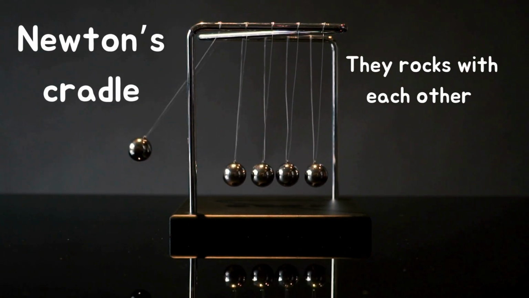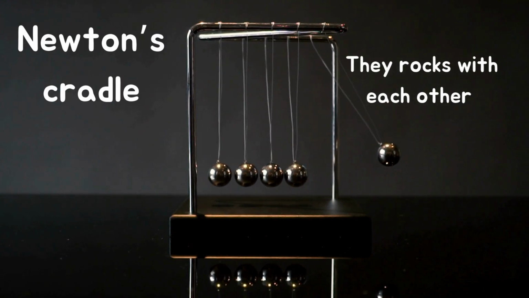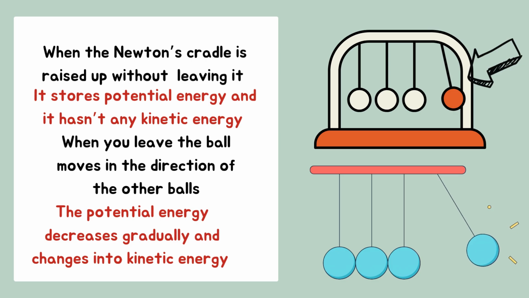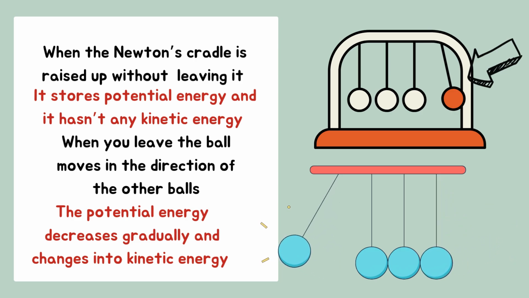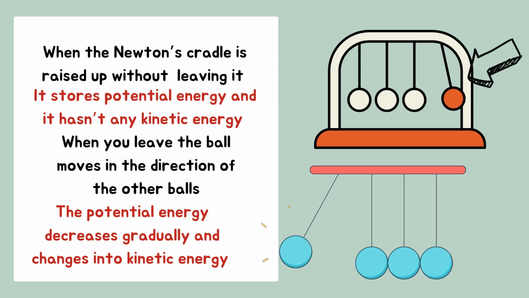Here, as you see, when the man raises up one of the balls in the Newton's cradle, while it is raised like that, it stores potential energy and it doesn't have any kinetic energy. So the ball has potential energy stored in it, and there is no kinetic energy as it is raised up against the gravitational force.